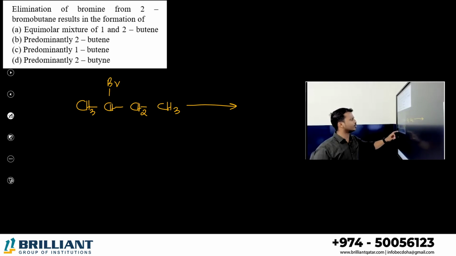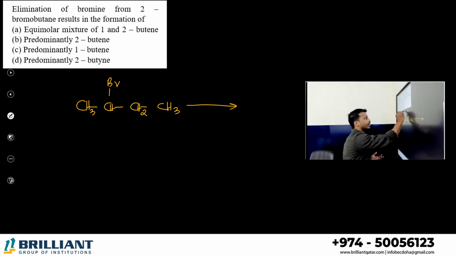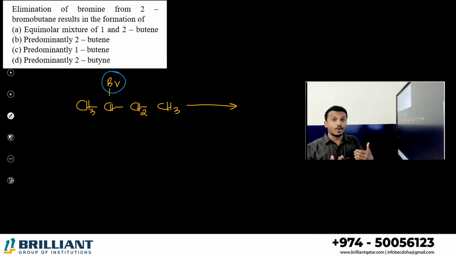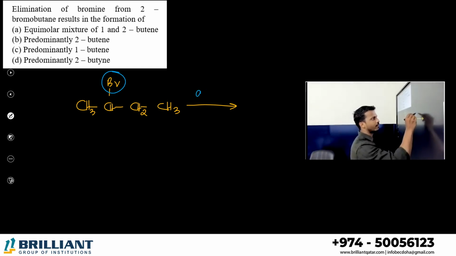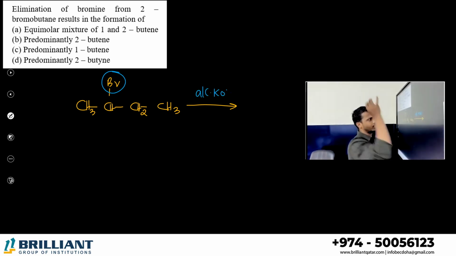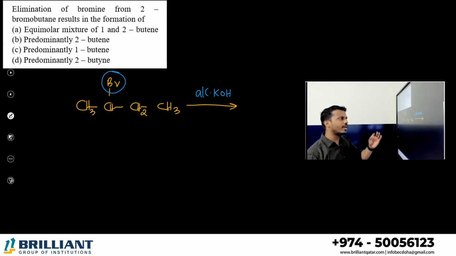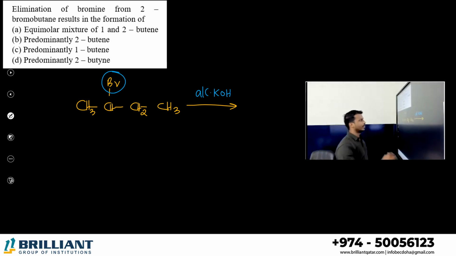Actually, the statement is not completed. What they actually mean is dehydrohalogenation, beta elimination, because we cannot eliminate bromine individually from the system. So let me treat it with alcoholic KOH. When you treat it with alcoholic KOH, what products are possible?